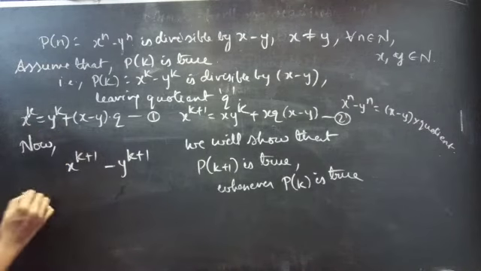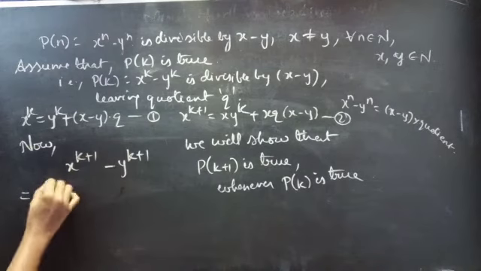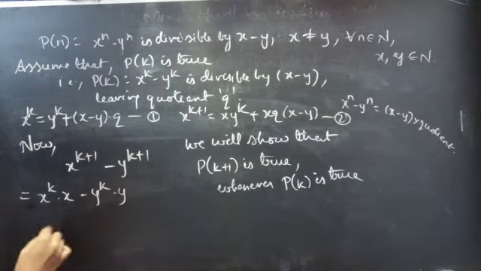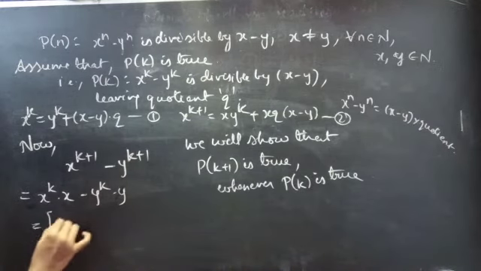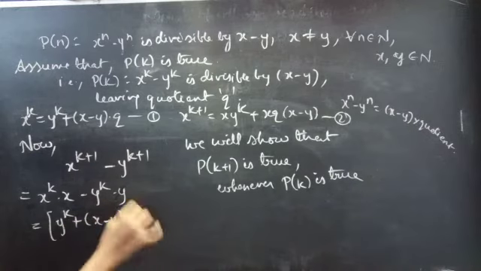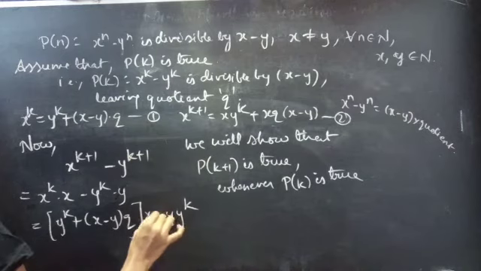first equation. So you can split x power k plus 1 and y power k plus 1 as x power k into x minus y power k into y, right? Now, replace x power k by equation 1, then you'll get y power k plus x minus y into q into x minus y into y power k.